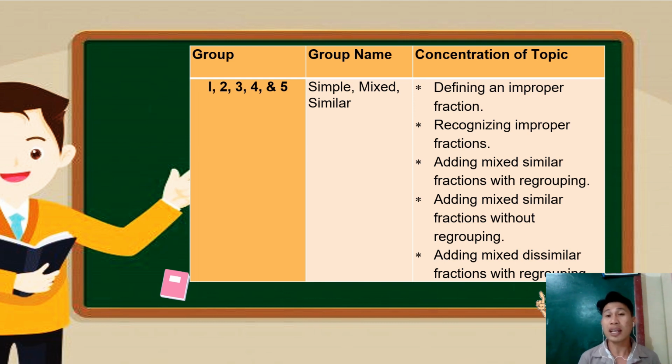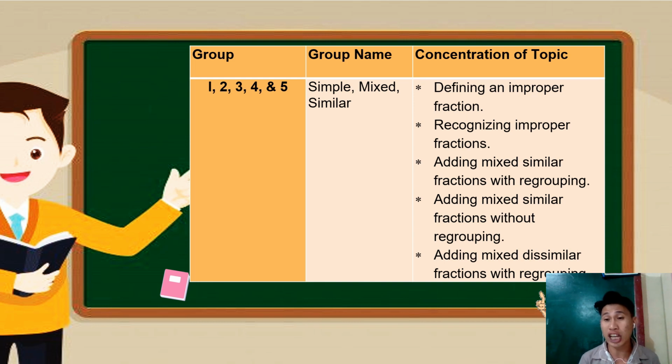They are given the 5 concentrations of the topic, exactly divided so that each learner gets 1. Example, if one goes to defining an improper fraction, this goes to the circle, and so on and so forth. This should also be applied to Group 2, Group 3, Group 4, and Group 5.